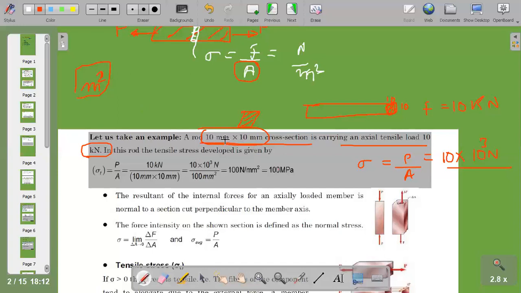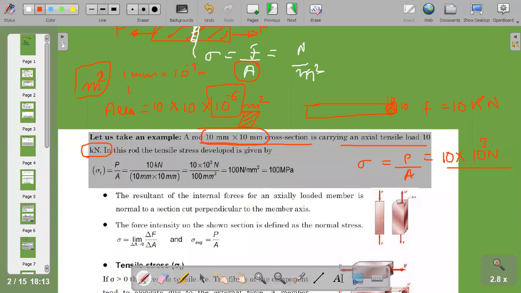What is the area? 10 into 10 into 10 to the power minus 6 meter square. How did 10 to the power minus 6 come? Because 1 millimeter is equal to 10 to the power minus 3 meter.